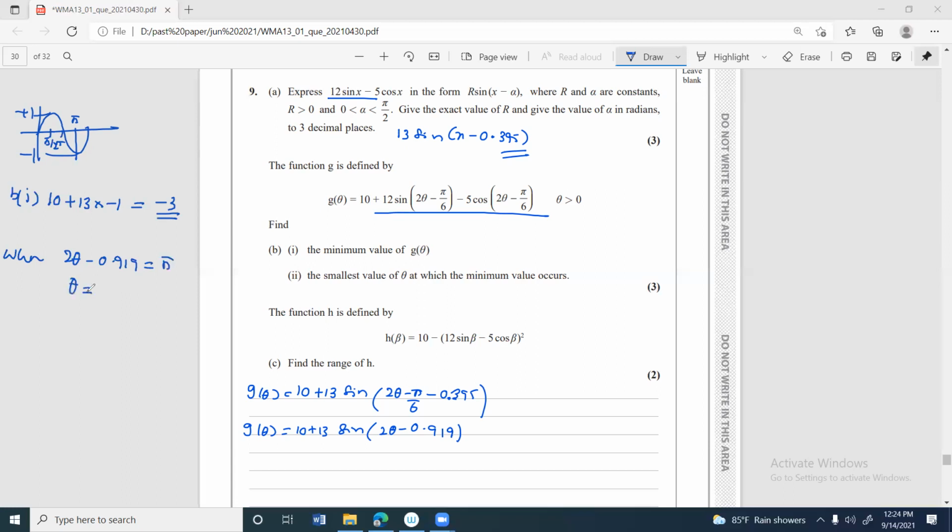Theta becomes pi divided by 2. So that is the answer. So when theta becomes 2.03 only, the first time it turns out to be minimum. Again it happens at different angles after that, but they ask what the minimum value for that. Okay, that's a way of getting that question right.